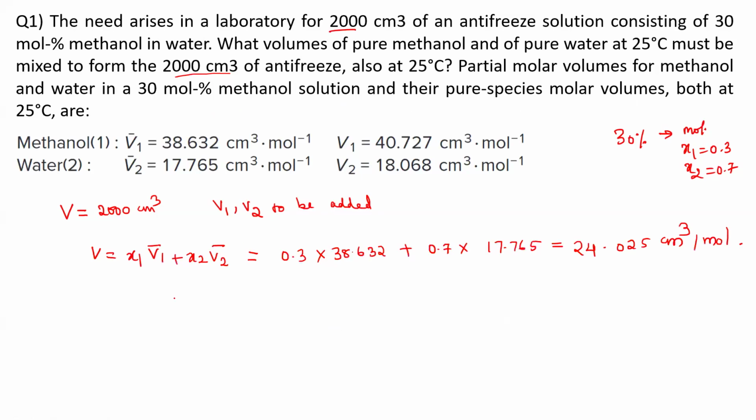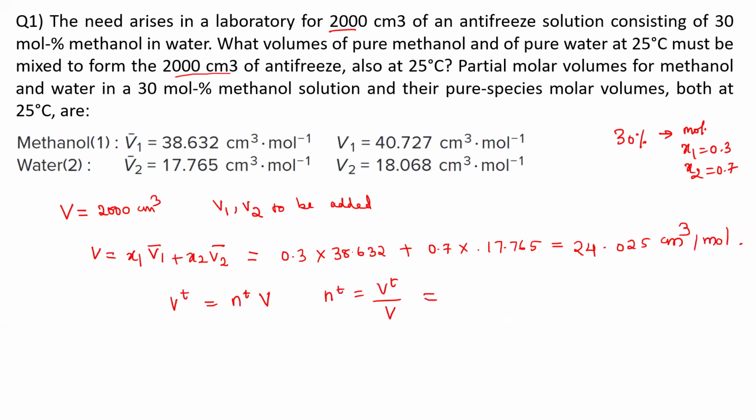For the total volume we have Vt is equal to N, total number of moles, into V. It implies Nt is Vt by V, which is 2000 by 24.025.